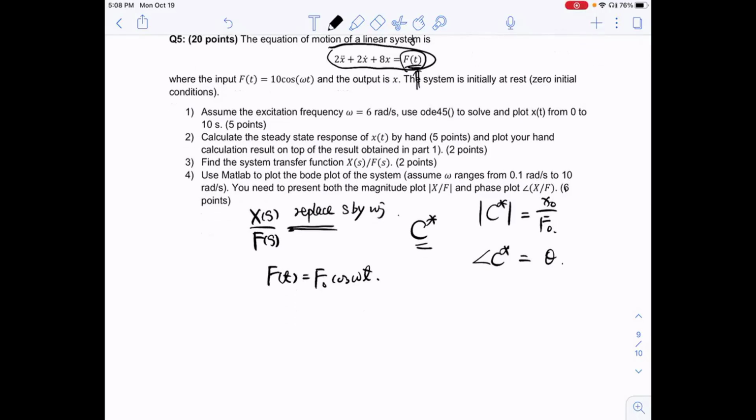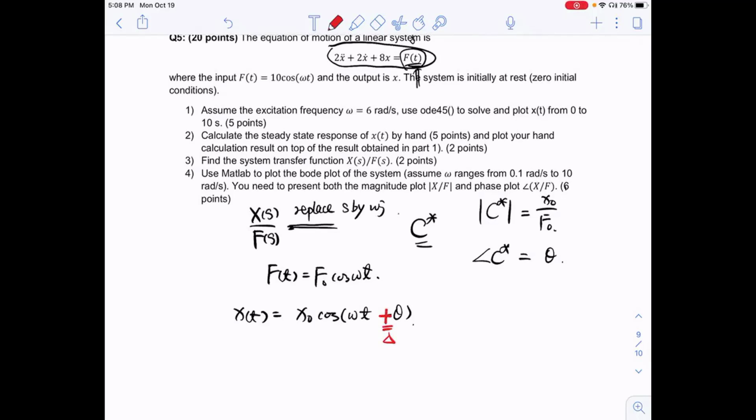Then your output will have an amplitude times cosine omega t plus theta. If you choose to use MATLAB, always remember this is going to be plus. If you use the equation in the textbook, sometimes it's minus. So personally, I recommend plus. I think next year I need to update all the minus signs in the lecture notes. So once you use plus, then your theta is the angle of this complex number.